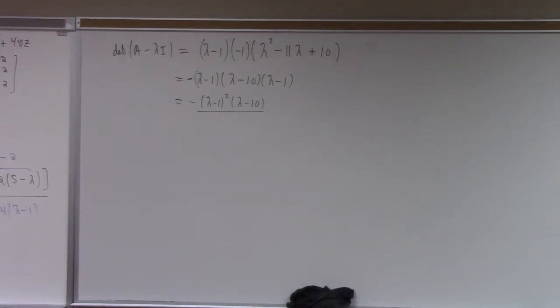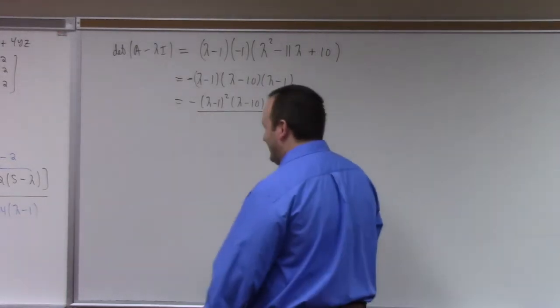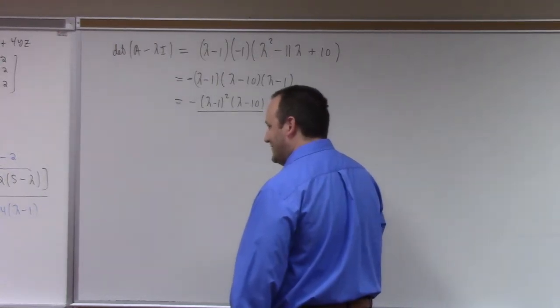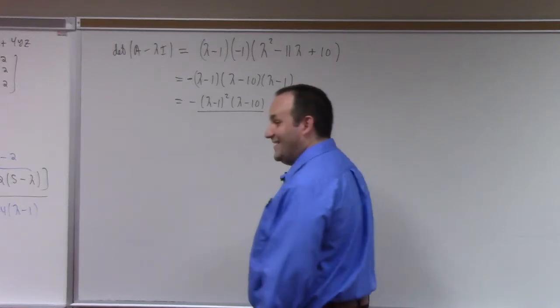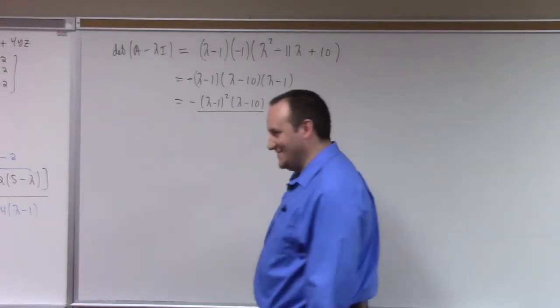All right, fine. I'll keep moving. That's good. The likelihood of there being a 3 by 3 characteristic equation on the test just increased dramatically.